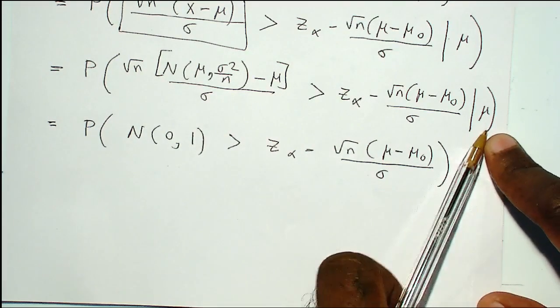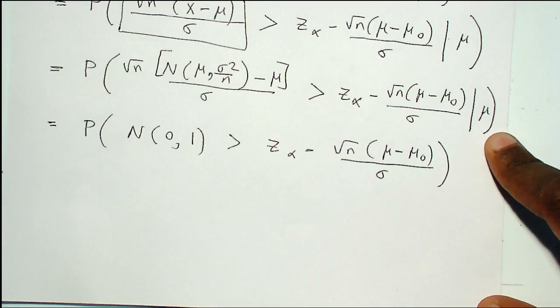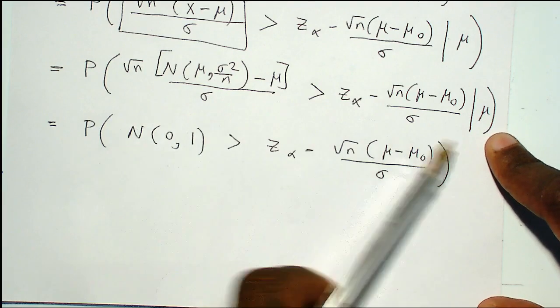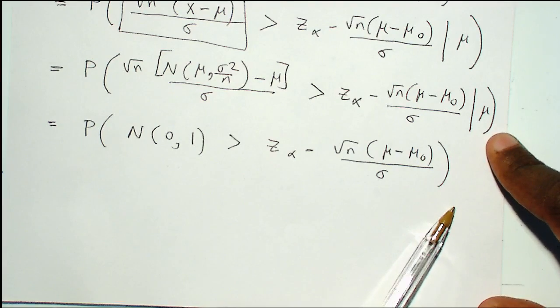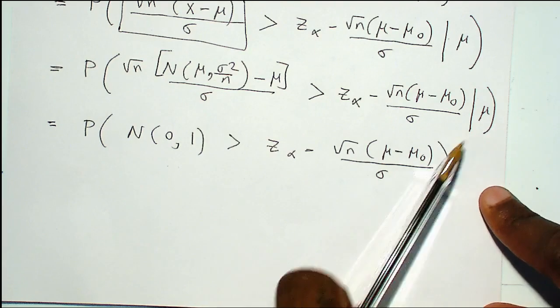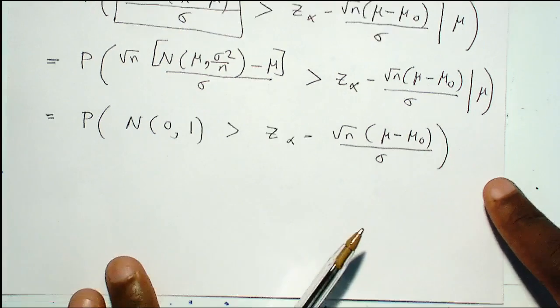I have used the fact that the true population mean is equal to mu. Since I have already used it, I don't need that conditioning anymore. So the conditioning is not here.